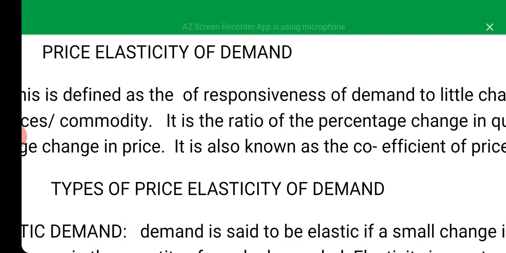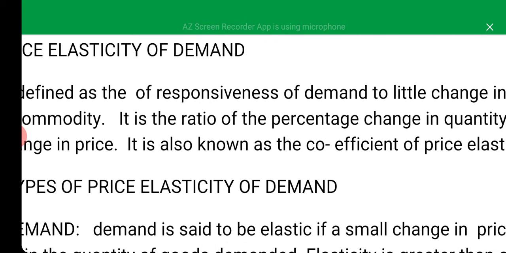Price only. Don't forget the definition given for the elasticity of demand combined the three of them together. So the definition to be given to each of them will be relative to each type we have mentioned earlier.